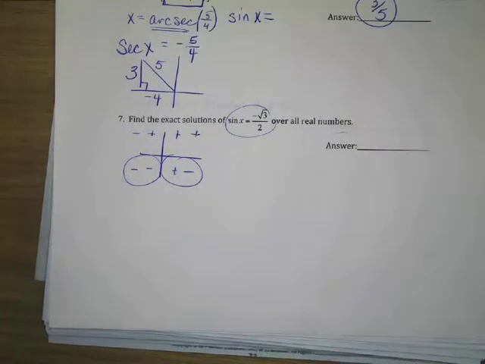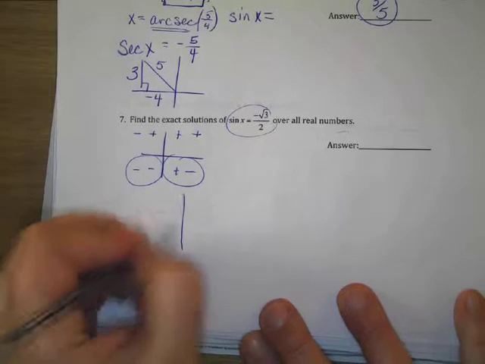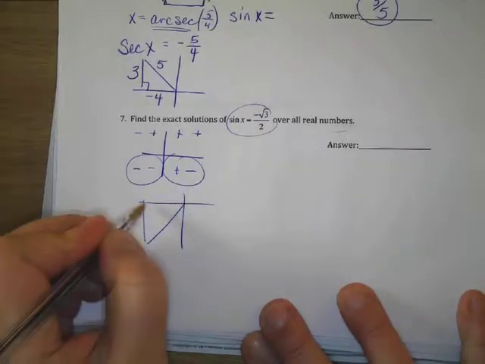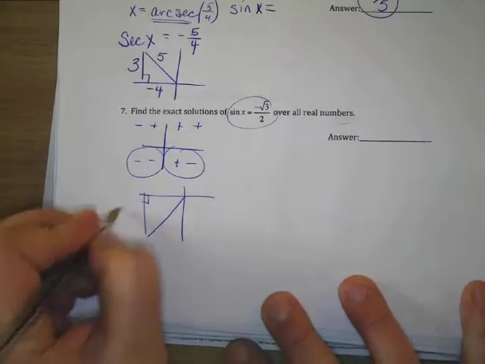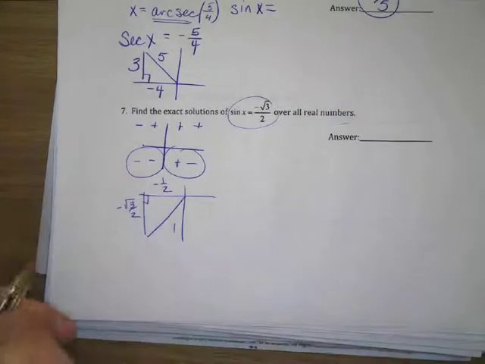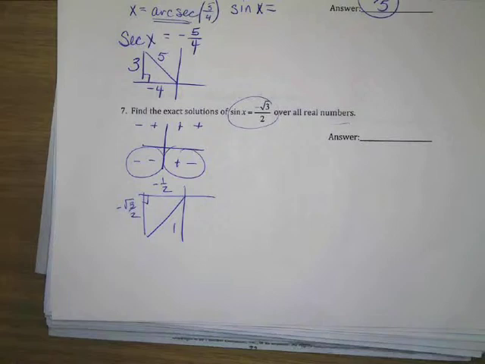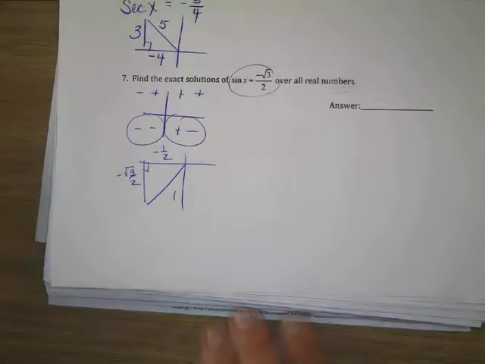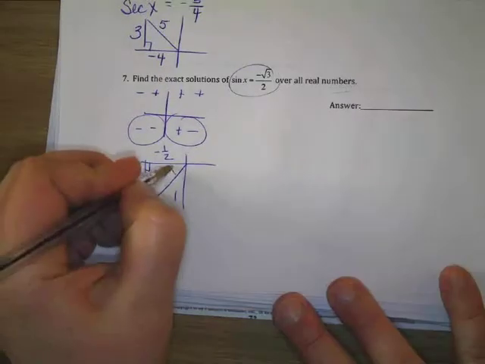Very good. Sine is opposite over hypotenuse. That's just the first triangle, right? I'm just doing one at a time. So what's our reference angle?